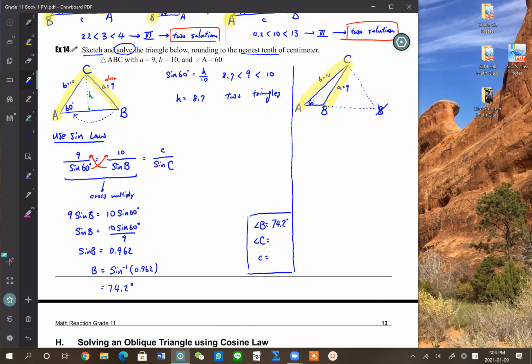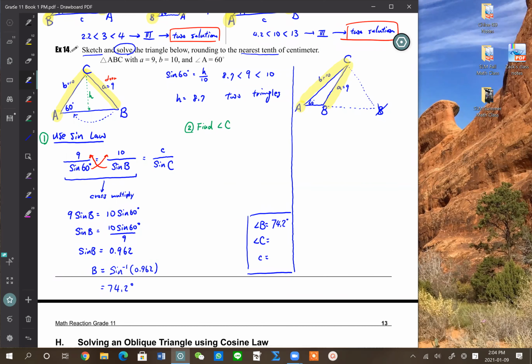Okay, what's the next thing we should find now? Chris? Angle C. Okay, so let's label the step. Step 1, we use sine law. Step 2, we'll find angle C. So angle C, how do we find angle C then, Chris?